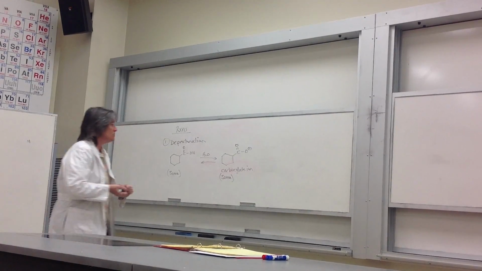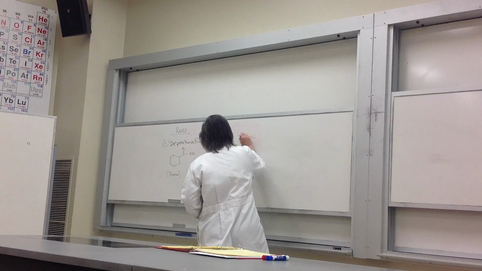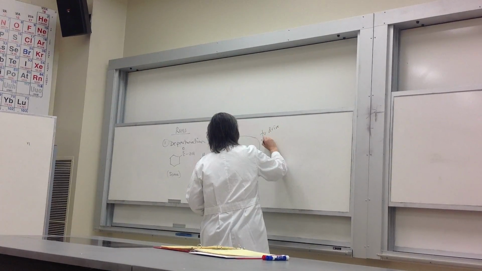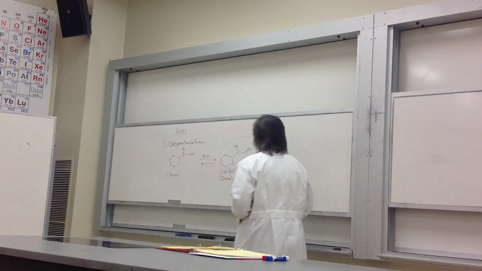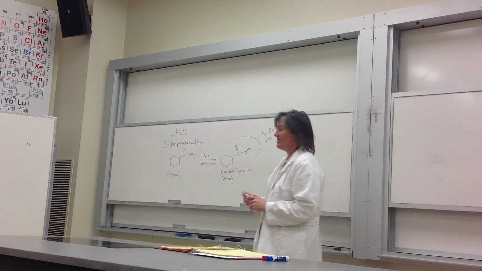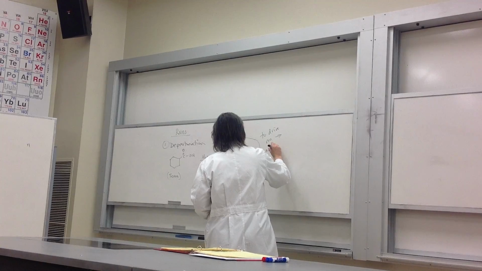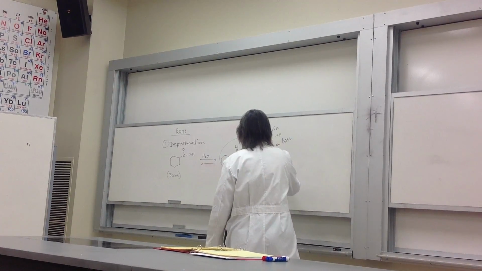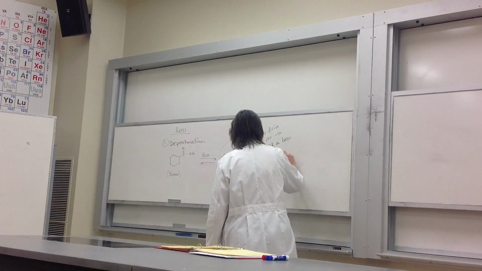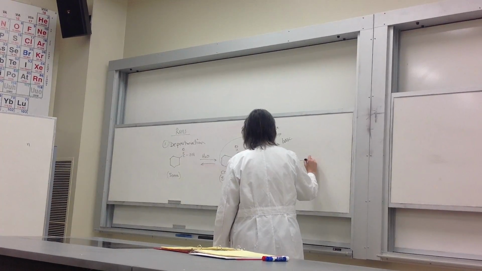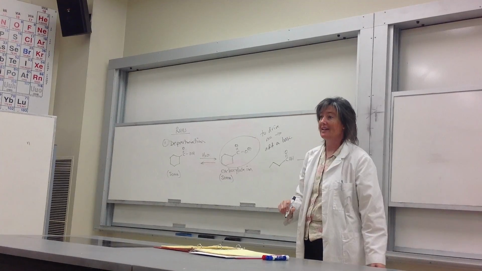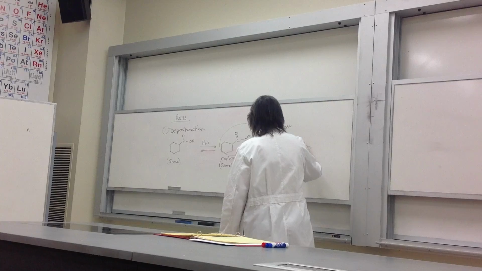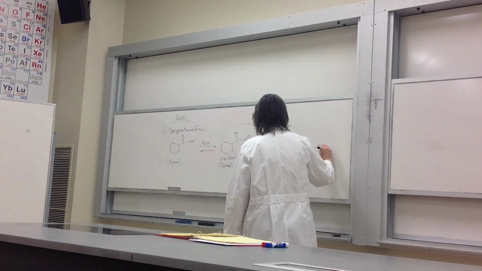So what we're going to do is to make a lot of this, to drive the reaction forward, add a base. So if I want a lot of the carboxylate, like 100%, because it's going to be an intermediate to do something with, all I have to do is add some base.